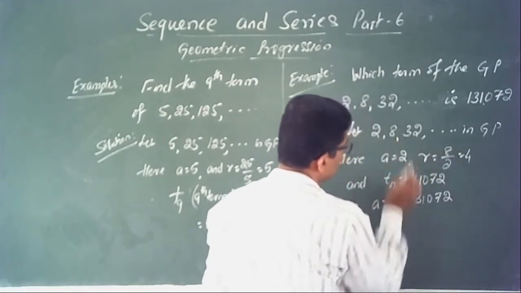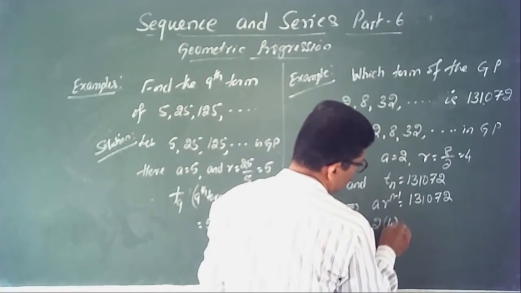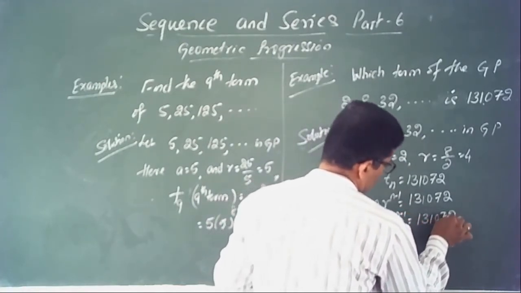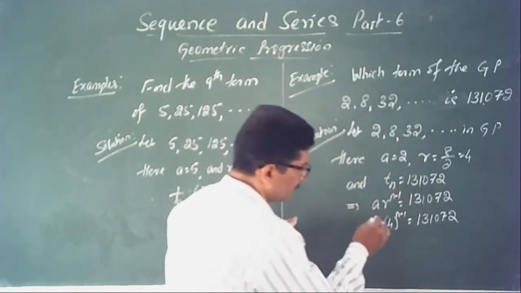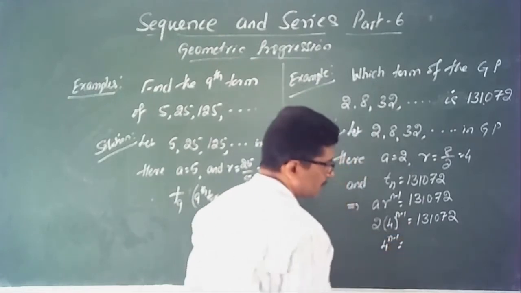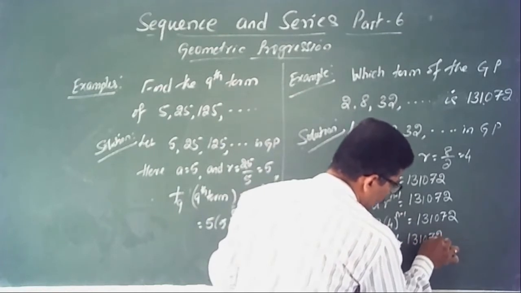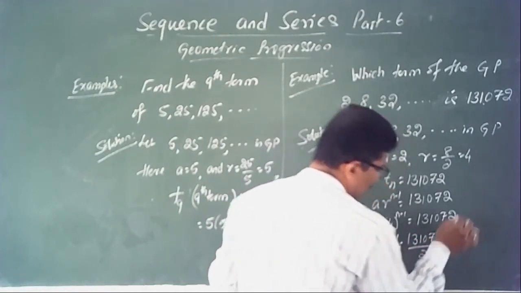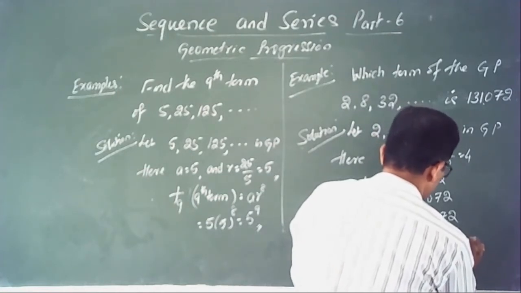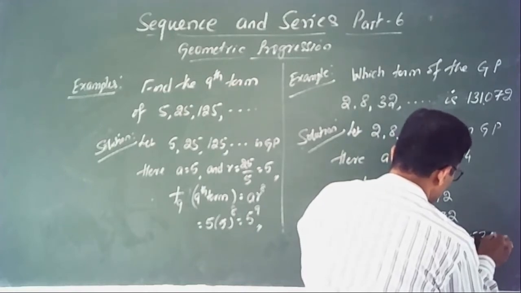The value of a is 2 and r is 4, so 4 raised to n minus 1 equals 1,31,072 divided by 2. Simplifying, this value is 65536.